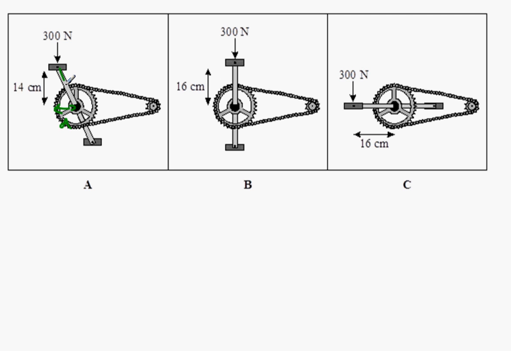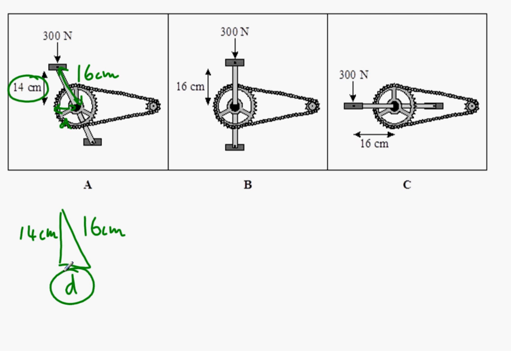We do know from another diagram that the length of the crank arm is 16 centimeters, and they've told us that this distance here is 14 centimeters. Now that distance is not the perpendicular distance, but it's useful for us because we've then got a right angled triangle with D, 16 centimeters and 14 centimeters, and you would be expected at A-level certainly to be able to deduce D from that using Pythagoras.